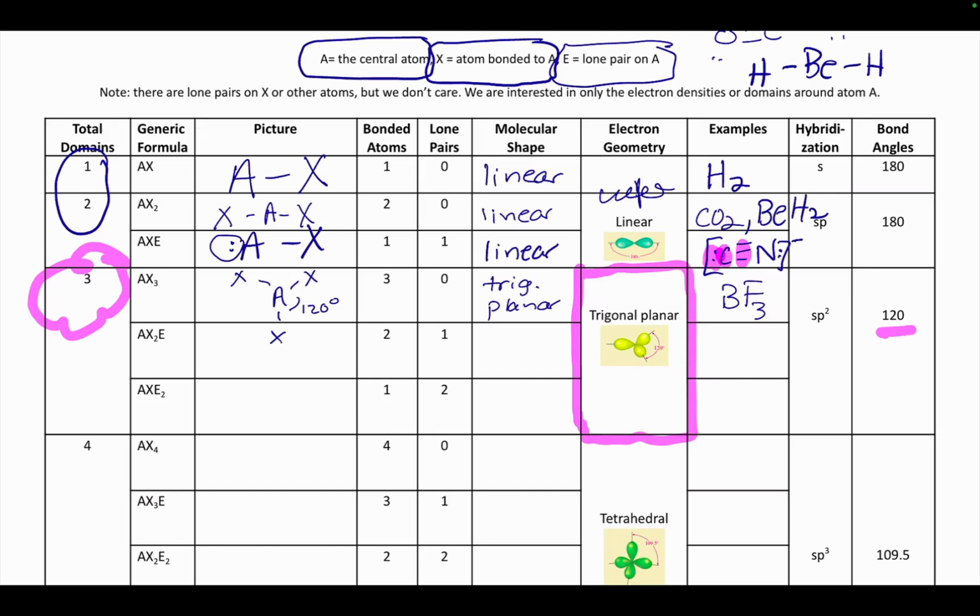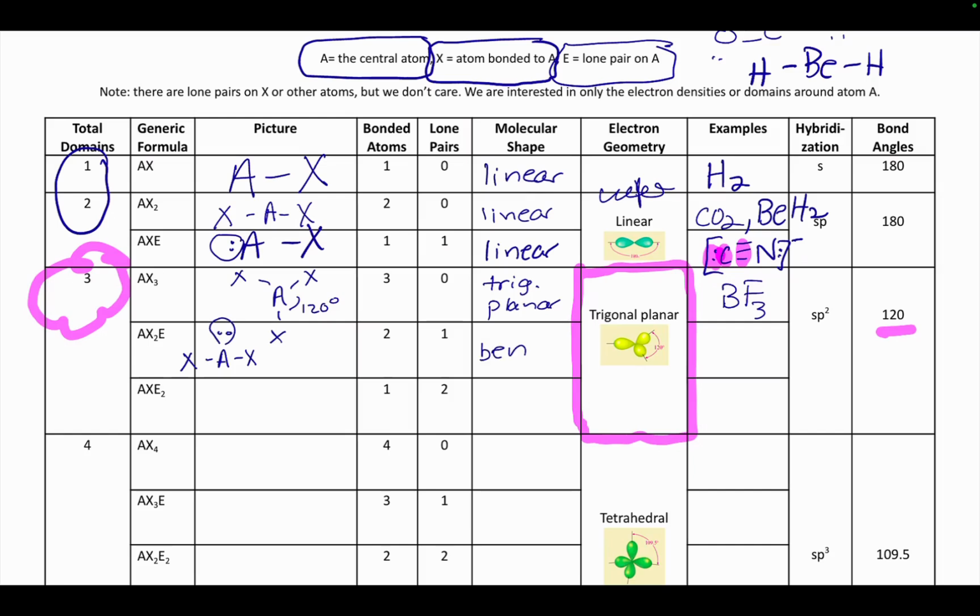So in the trigonal planar, there's a trigonal planar molecular shape, there's a bent, and there's a linear. So let me show you. Here we go. So the first, we just did trigonal planar. Now we're going to do the bent. So we can have an X, X, and then there would be one lone pair of electrons. So this is bent.